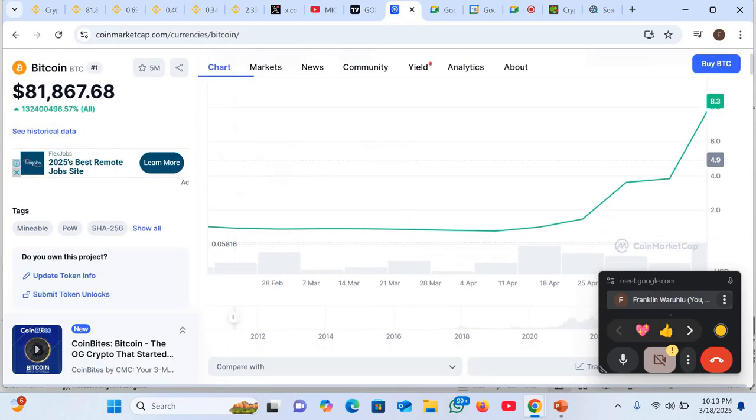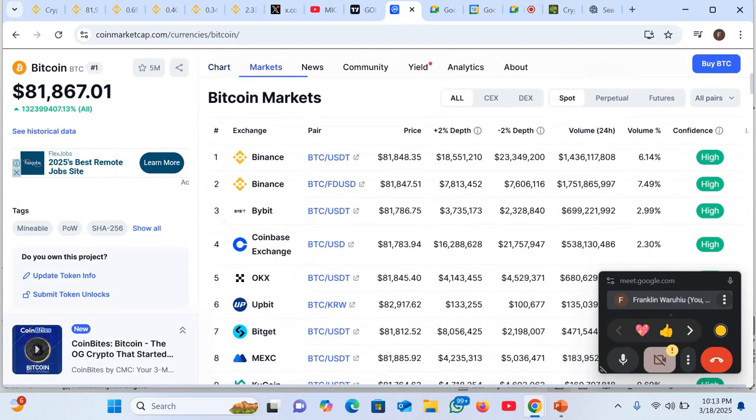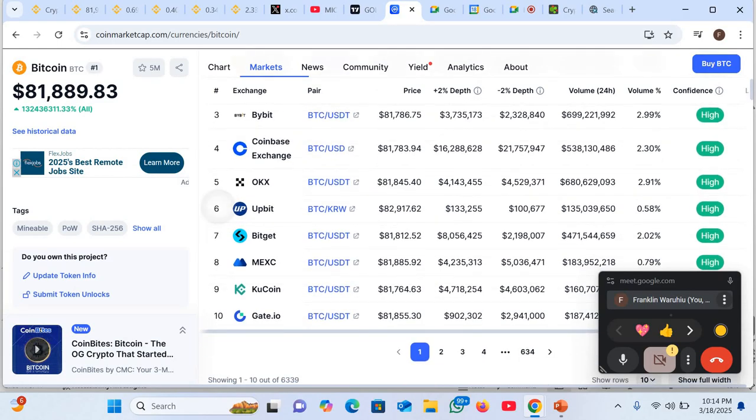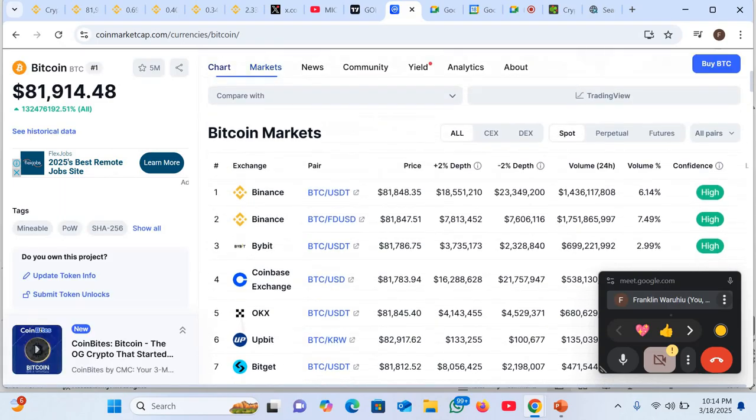So below here, you are able to see the different markets, the different crypto exchanges where you can buy Bitcoin. When you come to this section, you can buy Bitcoin on Binance, Bybit, Coinbase, OKX, BitGet, MEXC, KuCoin, Gate.io.